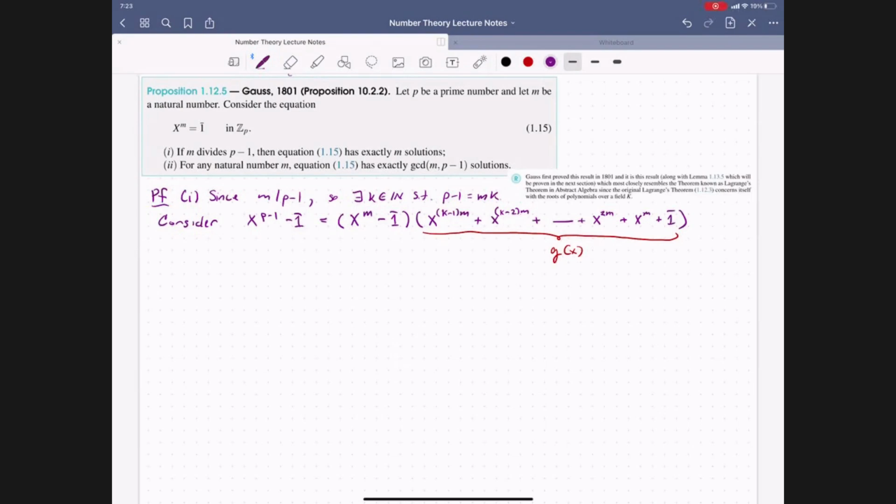We know by Fermat's little theorem and Lagrange's theorem that x to the p minus 1 minus 1 bar has exactly p minus 1 roots.